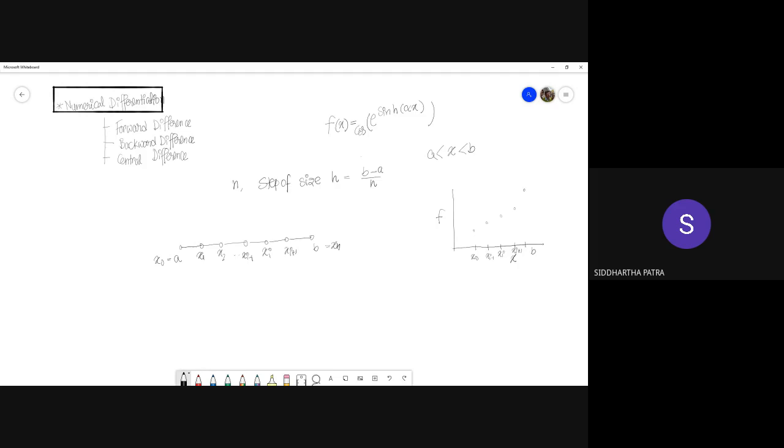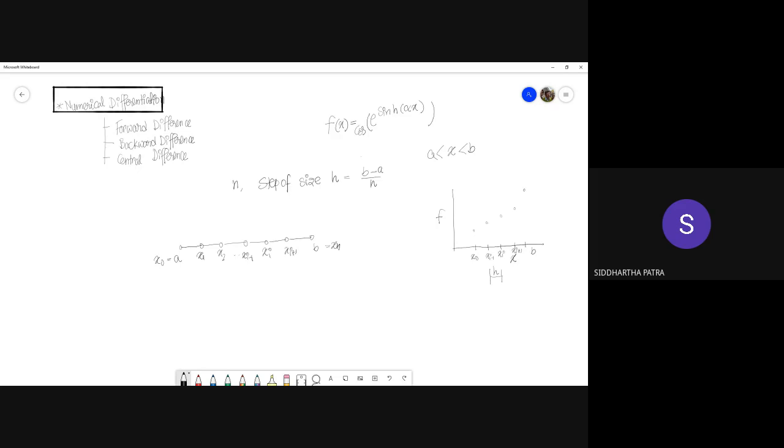Now this method is even faster than that. You don't have to fit a polynomial or anything. You have the values of f at discrete locations in x, which are uniformly apart. The gap between any two points on the x axis is h.